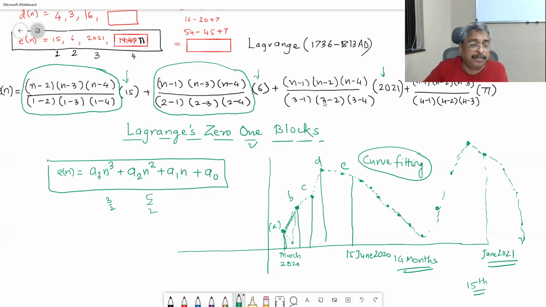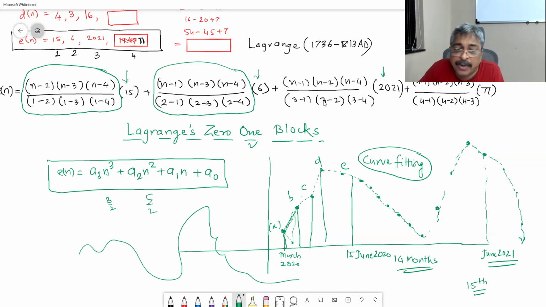But if the curve is not well behaved, it looks like this, then can I find an algebraic expression of this curve, so that if I put the x value equal to this, I will find out what the y value is. Therefore curve tracing, curve fitting is extremely important, and the Lagrange 0 1 block gives you the first algebraic expression for the geometric curve that you have, reasonably accurately. That is the application of this.